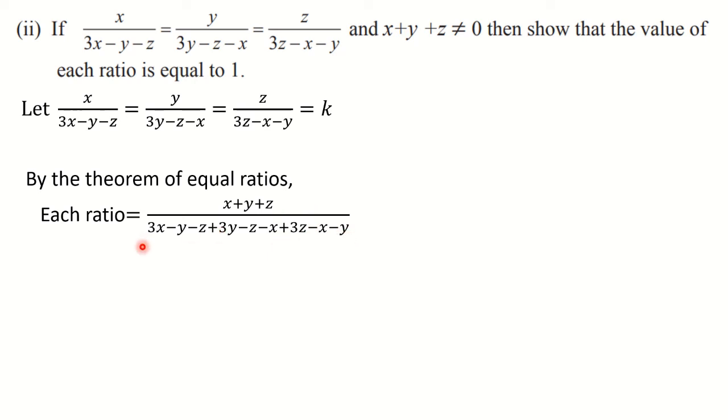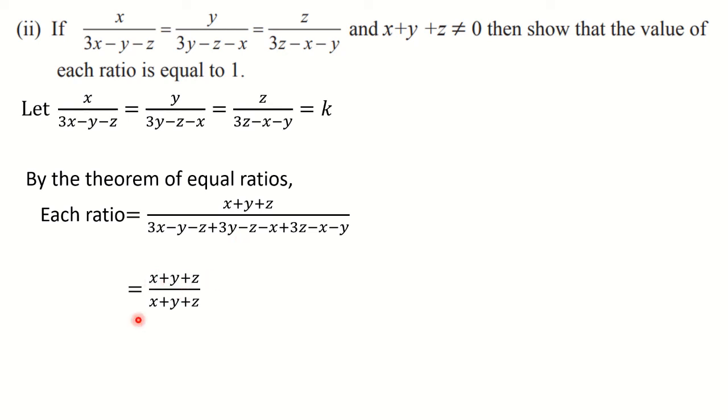So what you can observe here, see, these 3x minus x and minus x. So you will get 3x minus 2x, that is only x. Similarly 3y minus 2y and 3z minus 2z. So you will get here x plus y plus z in the denominator after subtracting the like terms.